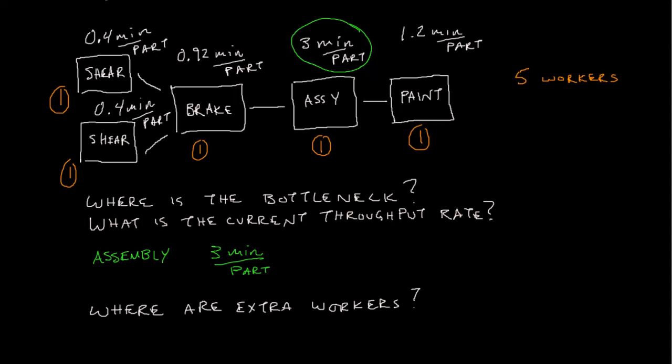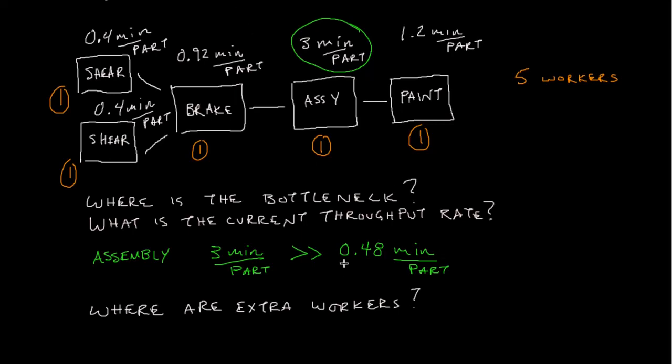So the manufacturing system is going to produce one part every 3 minutes because you're only as fast as your slowest process, which is the bottleneck at assembly. This is much, much greater than where we need to be at 0.48 minutes per part.